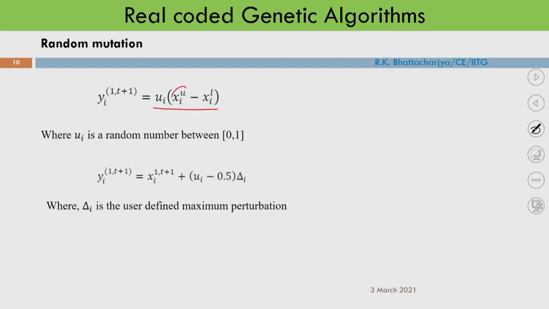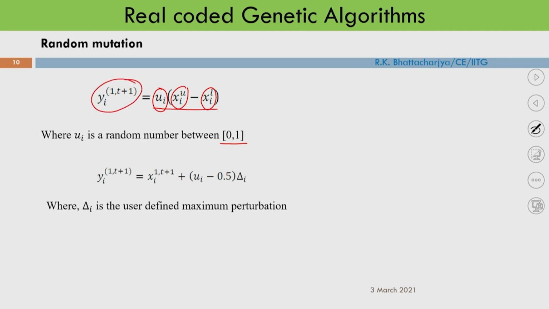Here x u is the upper bound and x l is the lower bound, and u i is a random number between 0 and 1. So, I can generate a random number between 0 and 1, and create a mutated value between upper bound and lower bound, and this is the mutated value, y i t plus 1.